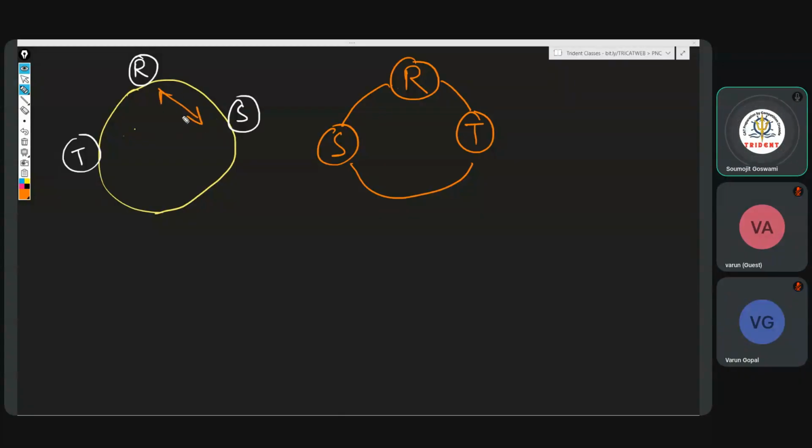I don't think so, because even if you just change this, it is as good as a rotation only. Like you're saying that R is taking the position of S, then obviously S will go to some other position, T. I can make an arrangement of that also. T will go into the position of R and so on and so forth. So there's no point changing them.